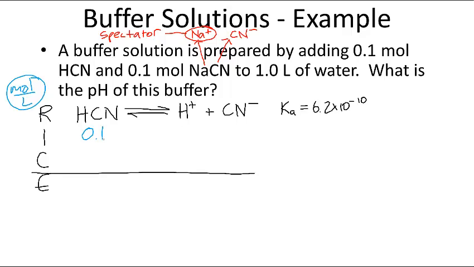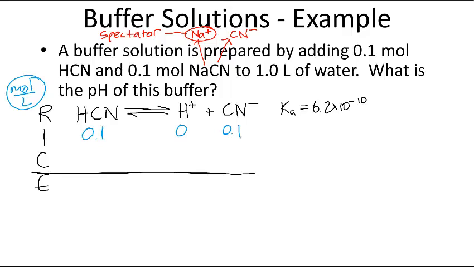What's the initial concentration of CN-? In chapter 18 it was 0, right? If you've been working on problem set 18, you've done a lot of rice charts where you have an initial concentration of your acid and then 0 and 0. This is not the case. Here I have 0 H+, but how much CN-? 0.1.